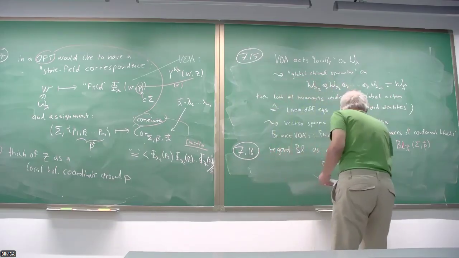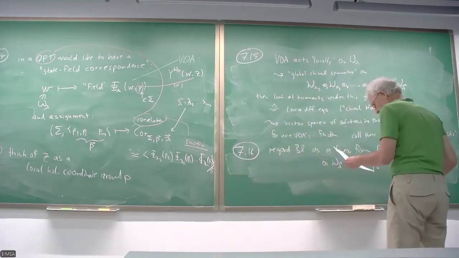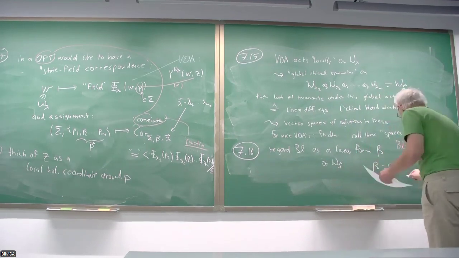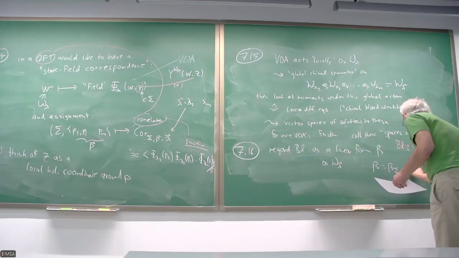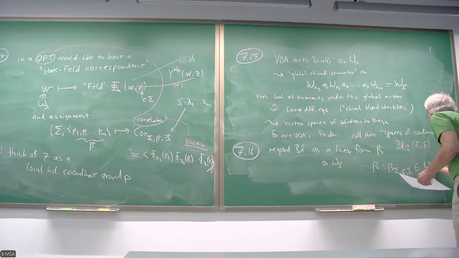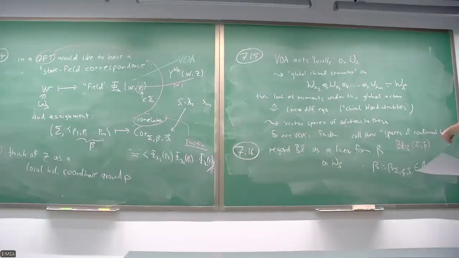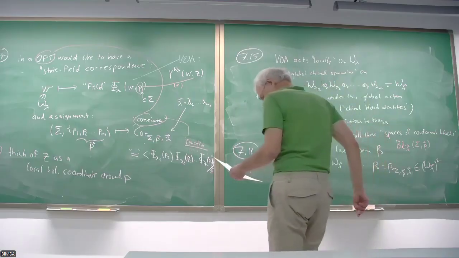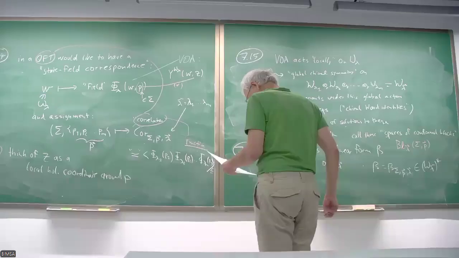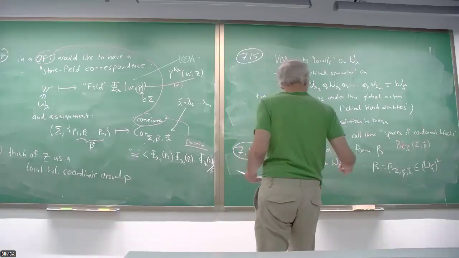So that means we have beta, really standing for beta depending on x, p, and lambda, an element of W lambda, assuming that they are finite dimensional. This is again a finite dimensional vector space.